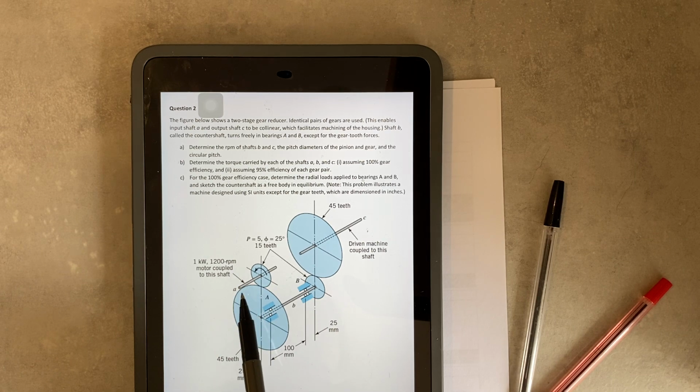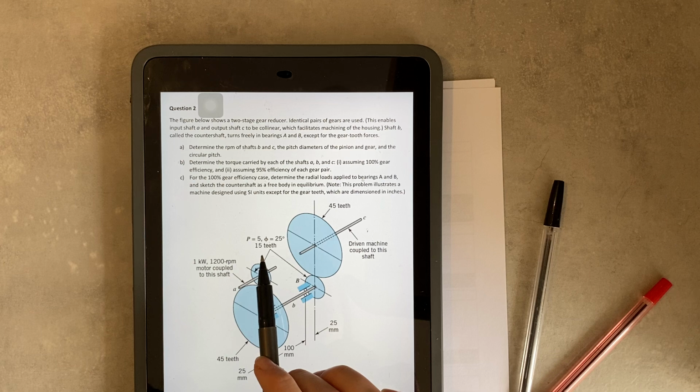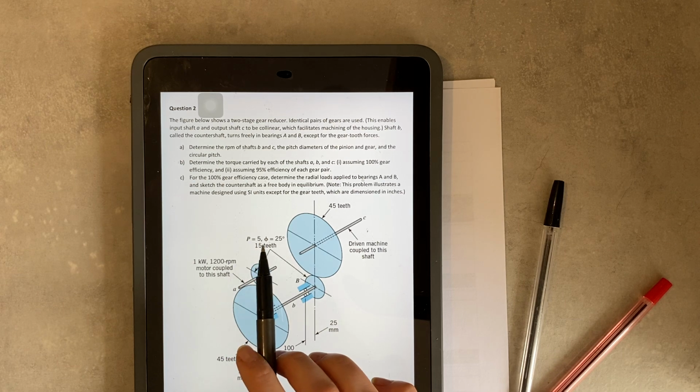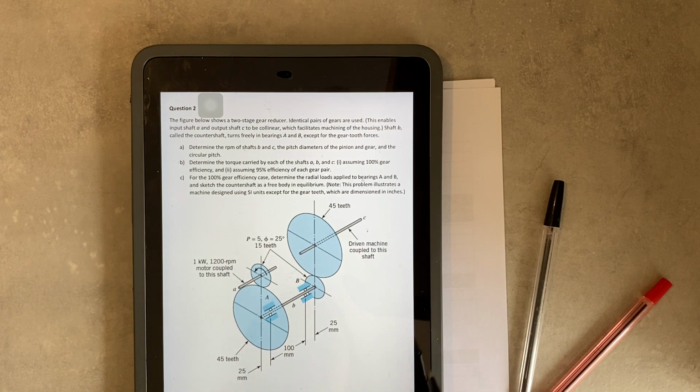It rotates the shaft and the pinion itself rotates with 1200 RPM, and we have 1 kilowatt of power, and the pinions have 15 teeth with diametral pitch of 5 and angle of pressure of 25 degrees, and the gears have 45 teeth.